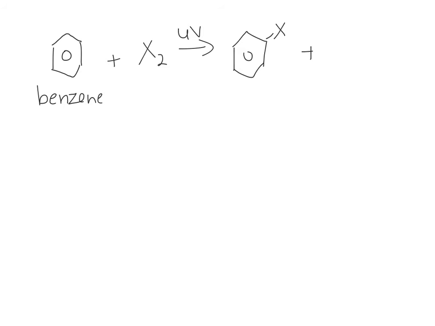So benzene plus a halogen will make a halobenzene plus a hydrogen halide.